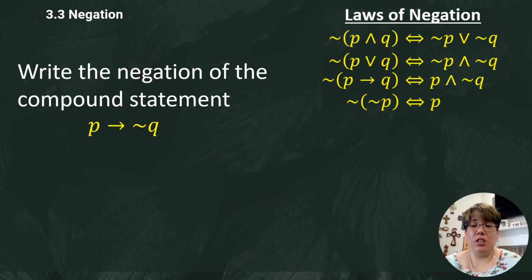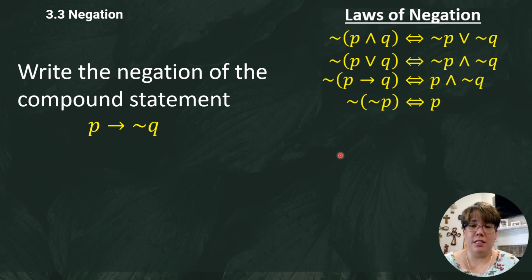So let's take a look at how this looks. Write the negation of the compound statement. You have several of these examples on your homework. So P implies not Q. Let's talk about how you would use the laws of negation.